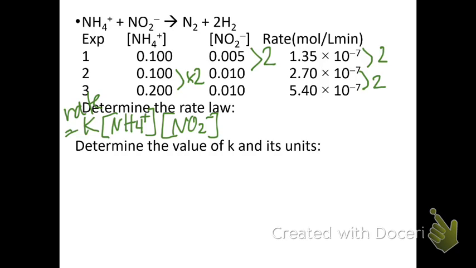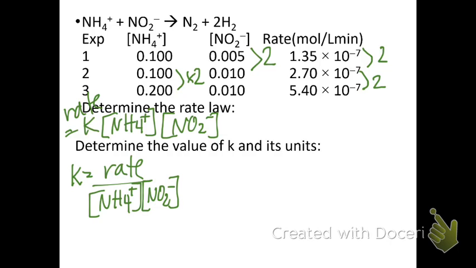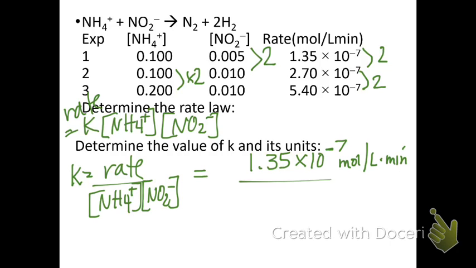So when I'm solving for k, it's going to be rate over the concentration of each one of those ions because they're both first order. So I'm going to type that in, 1.35 times 10 to the negative 7, and that's moles per liter times minute. So there's an example of watch your time.